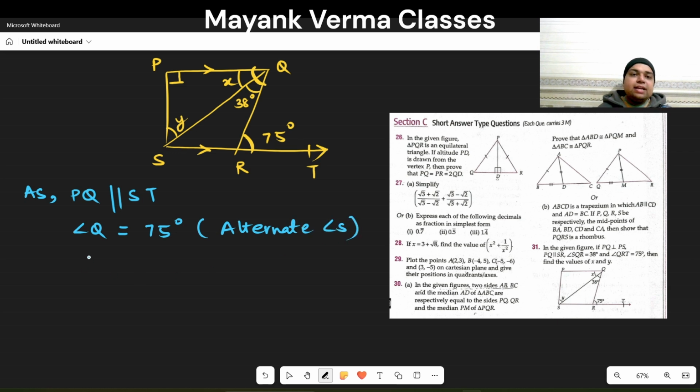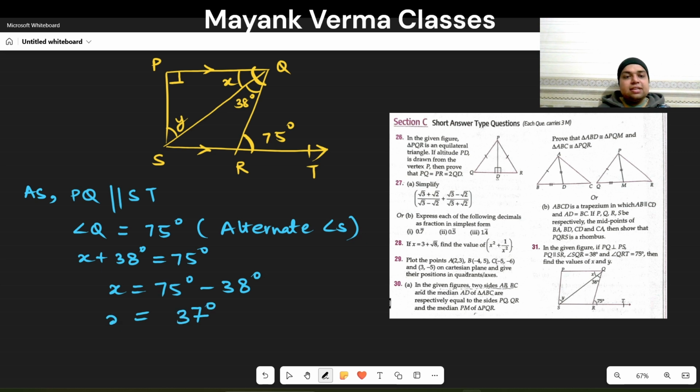Right, after that I can say that x plus 38 will be equal to 75 degrees. So x will be equal to 75 degrees minus 38 degrees. So 75 minus 38 will be 37 degrees. x will be 37 degrees.